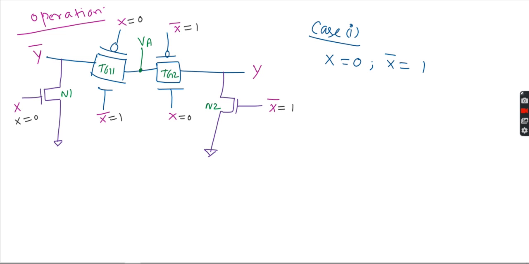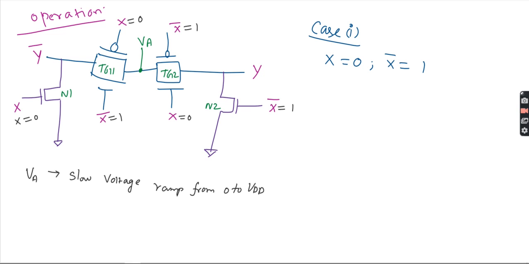Now, what is this VA? We need to know. The VA is nothing but a slow voltage ramp from 0 to VDD. It's very simple.